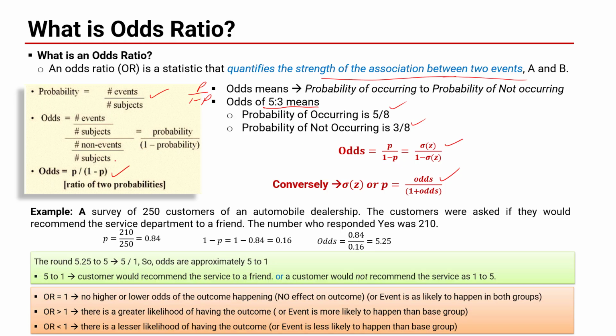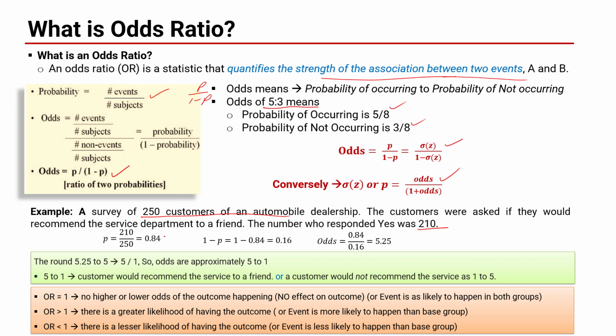Okay, so let's say we have conducted a survey of 250 customers from an automobile dealership. The customers were asked if they would recommend the service department to a friend. Out of those 250, 210 said that they are going to recommend your dealership services.